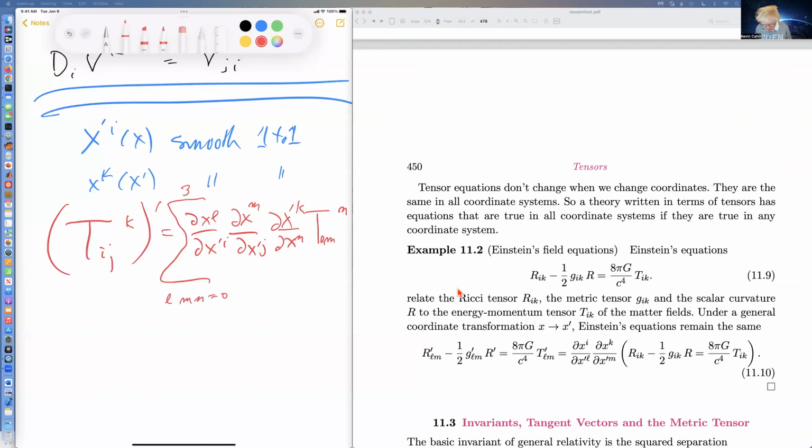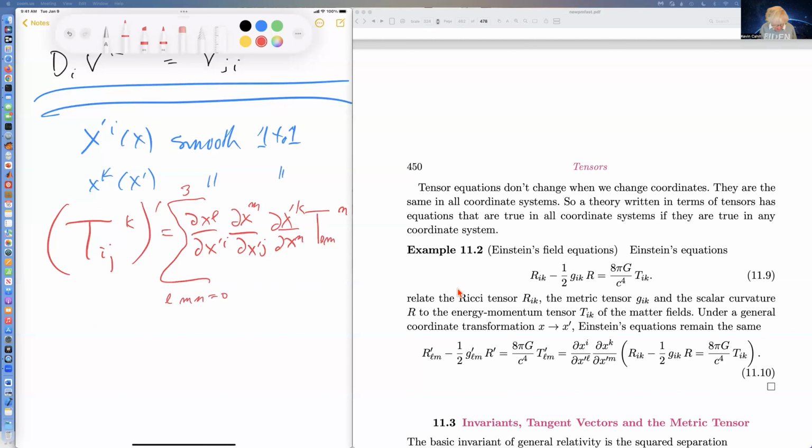Another reason why you want to use tensors is that if you don't use tensors, then you are building into the physics, or building into the theory, the coordinate system that you're using, because you're writing equations that aren't tensor equations, and so they're true only in a specific coordinate system.